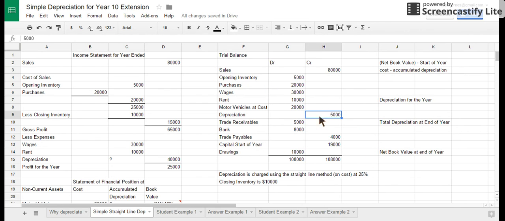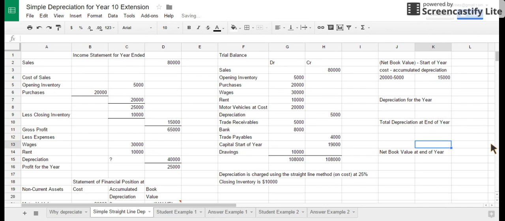At the start of the year, when the trial balance was drawn off, the motor vehicle had a cost of £20,000, but we'd already depreciated it, or reduced its value, by £5,000, and therefore this vehicle is going to be worth £15,000 at the start of the year.